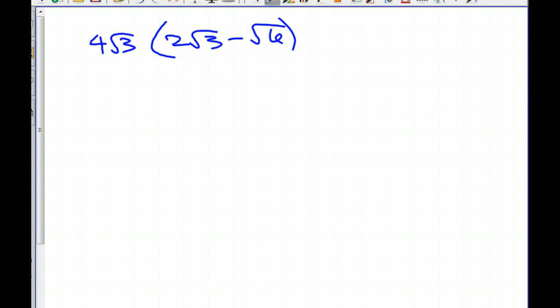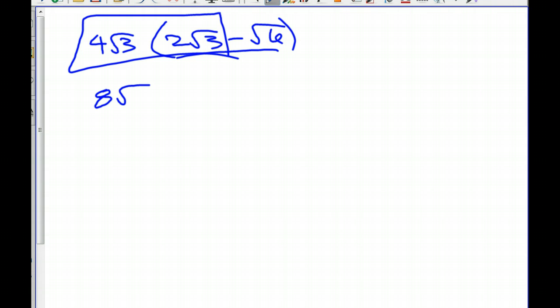Okay, you have a couple choices here. You've got the distributive property, or you can subtract what's in here first. No, you can't, because they're not common radicands there. So, we do distributive property. What do we get? 8 square root of 9 minus 4 square root of 18.